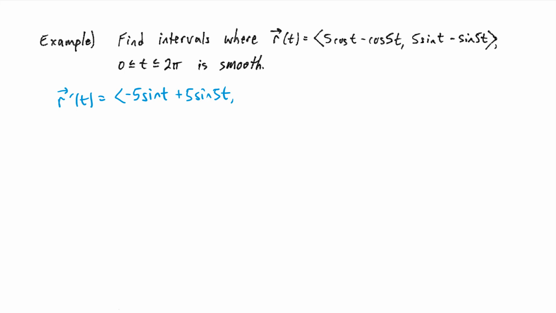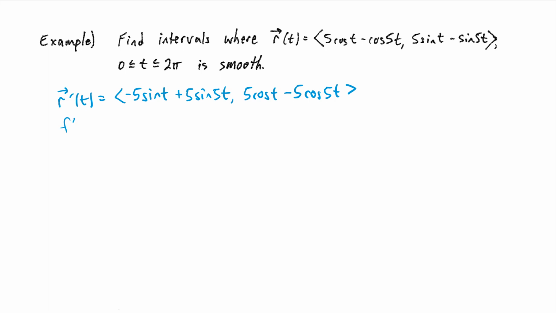And then the derivative of the other component would be 5 cosine t minus 5 cosine 5t. As you can see, the left component, f prime, would be continuous for all real numbers because it just involves the sine function. And the right component, g prime, would be continuous for all real numbers because it just involves the cosine function.